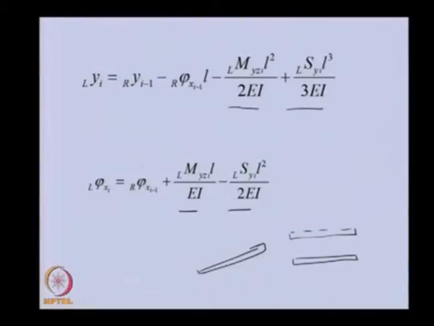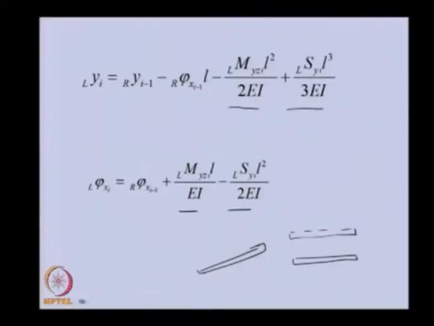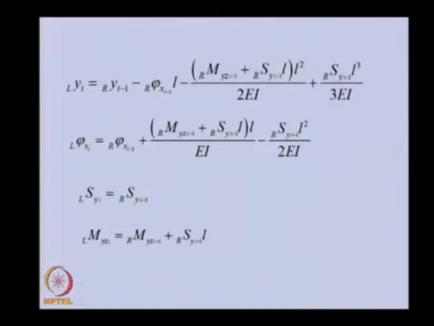Now you can see that we have related not only the shear force and bending moment, but also the translational displacement and rotational displacement. These relations we can summarize like this. This is the first equation, the linear equation.